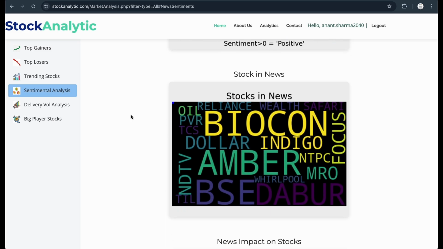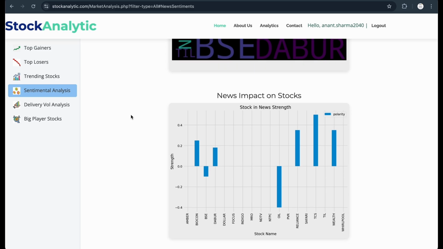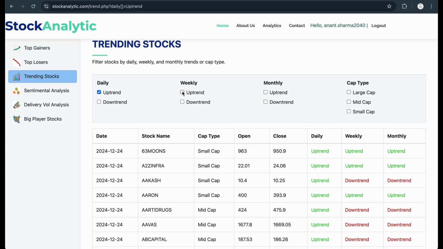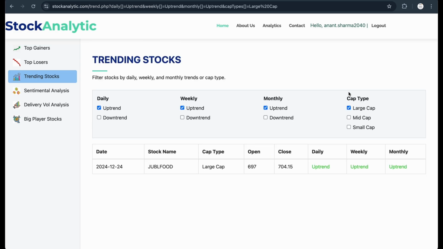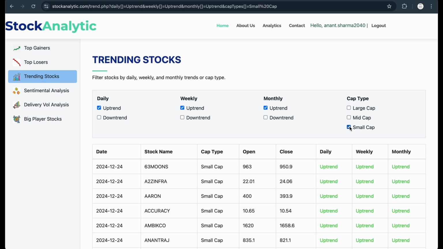This platform analyzes the mood of the market, helping you stay ahead. With stock trends, you can find trending stocks in large cap giants, mid cap opportunities, or small cap gems. All of this is designed to bring clarity, simplicity, and speed to your trading and investments.